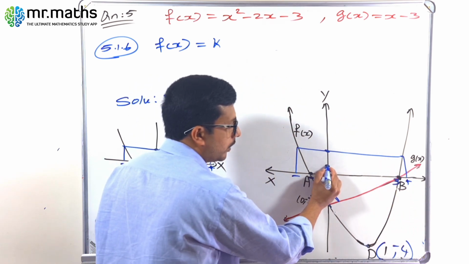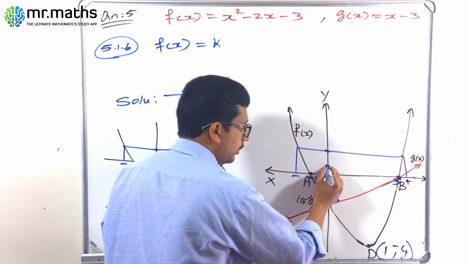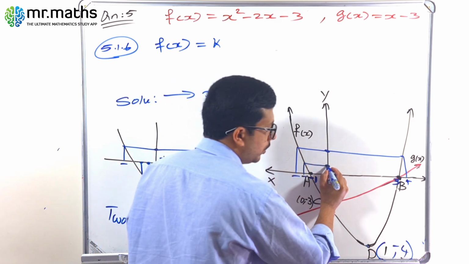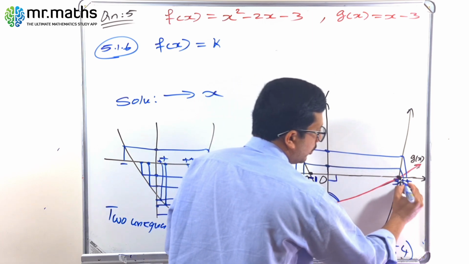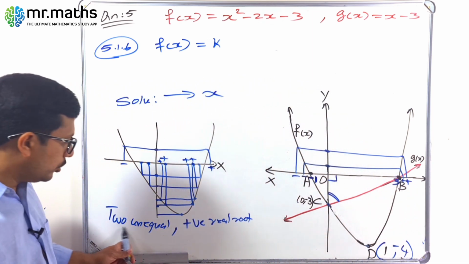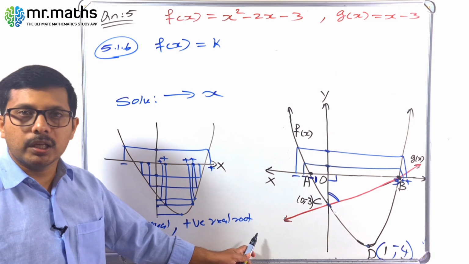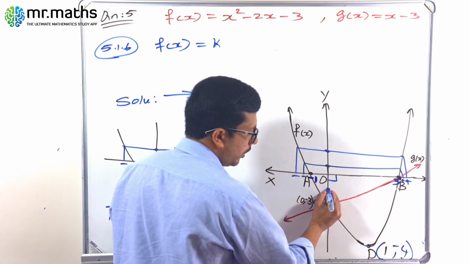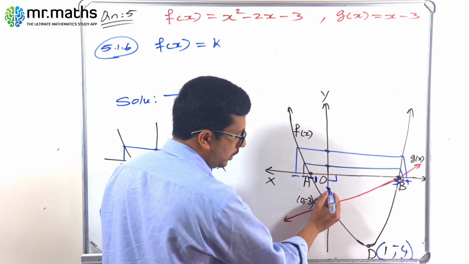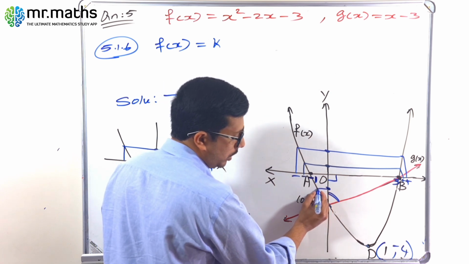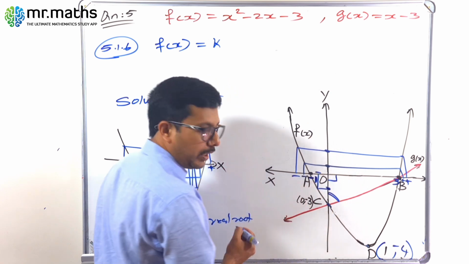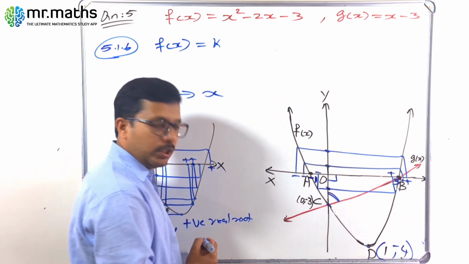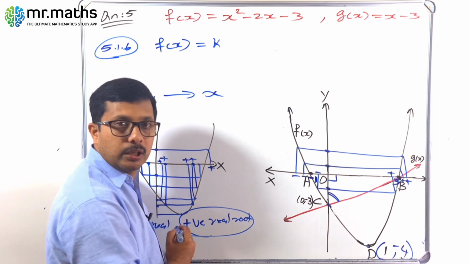If I take a k value or y value here, there also I will get two solutions, but one solution is negative and the other solution is positive. But they want two unequal positive real roots. Both the roots must be positive. So if I take a k value here, there also you can see that I will get two solutions. One is here, but that one is negative, and the other one is here, that one is positive. But I want two positive real roots.